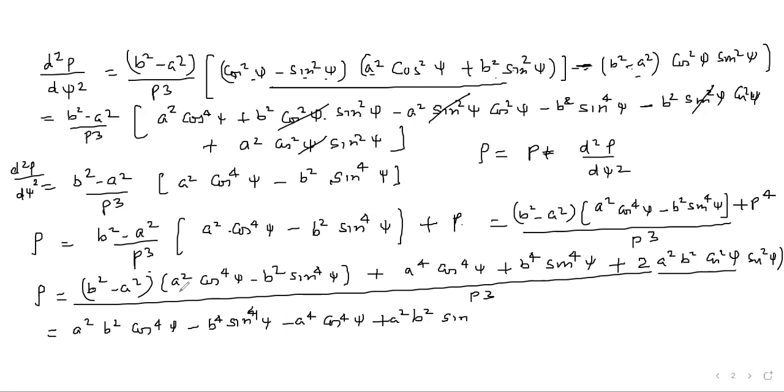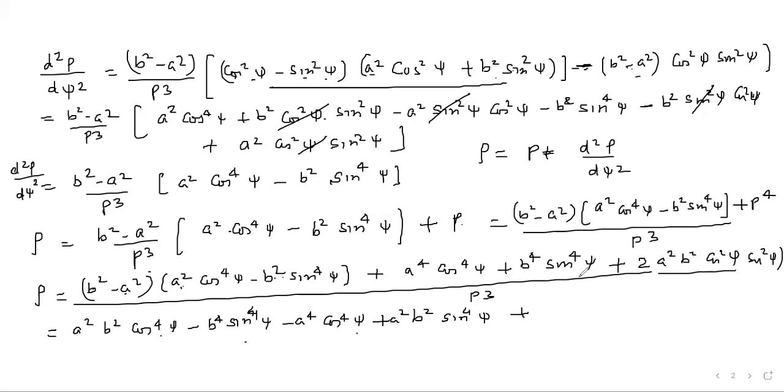Here we have multiplied b square, a square cos power 4 psi, then b power 4 sin power 4 psi. Now a power 4 cos power 4 psi. Now a square b square sin power 4 psi. Now further, we write the expansion of this.